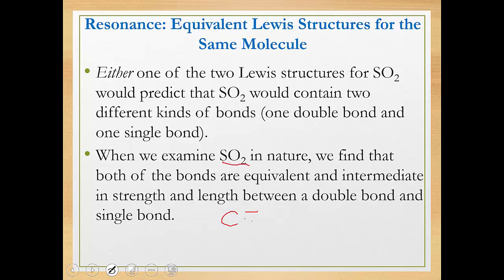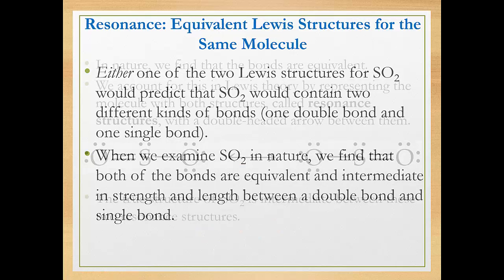I guess you could draw it as a full line for a full bond and a dashed line for a half bond. And I'm reverting back to carbon here. So what we get is like a 1.5 bond, a 1.5 bond, rather than a single bond or a double bond, if that makes any sense.